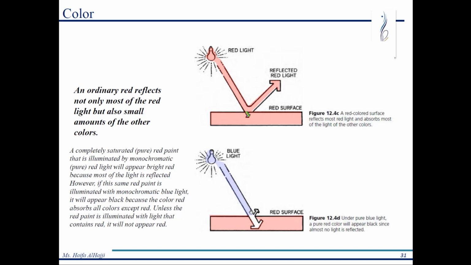Now, if there's a slight part of that blue light which is red, this color is going to be reflected off. Now, how are you going to see the red surface? You're not going to see it as red. You're going to see it as more black, because when you absorb the light, it's going to look black. Only a small portion will be reflected off, so it's going to be a more reddish black.